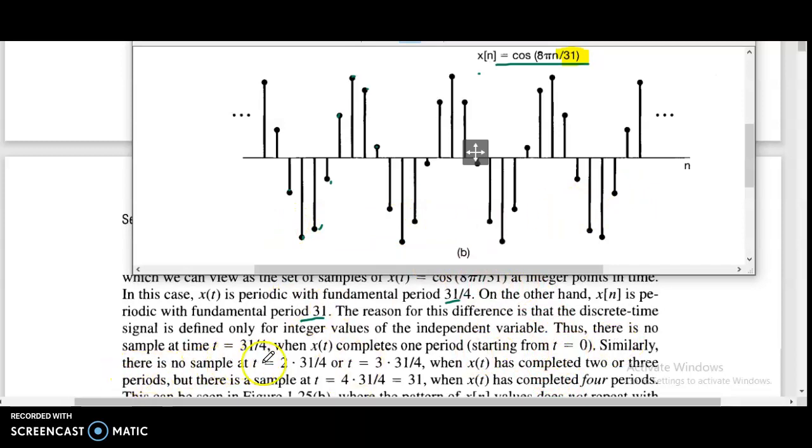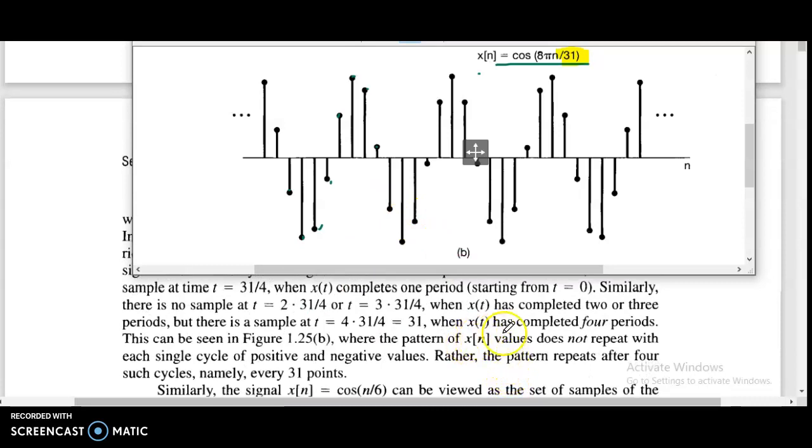Similarly, there is no sample at t equal to 2 times 31 divided by 4, t equal to 3 times 31 divided by 4 when x of t has completed 2 or 3 periods, but there is a sample at 4 times 31 divided by 4 equal to 31 when x of t has completed 4 periods.